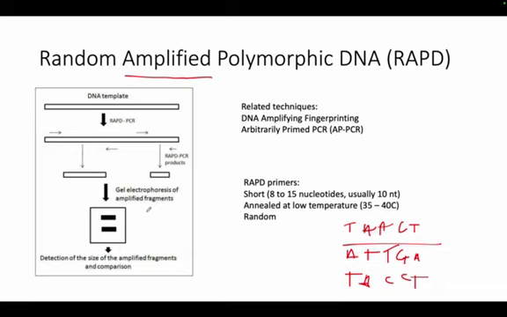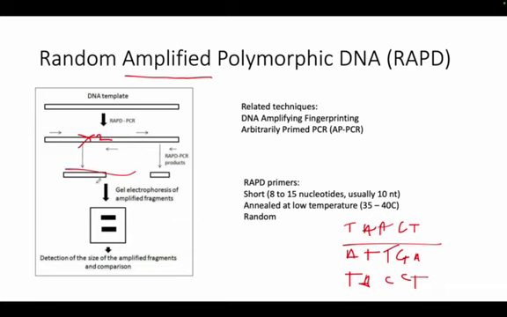So what happens in RAPD is that we have our randomly designed primers, and when we run the PCR reaction, we'll get randomly amplified products of various sizes. Now, if we have some insertion or deletion in this region, then the size of this band is going to change.